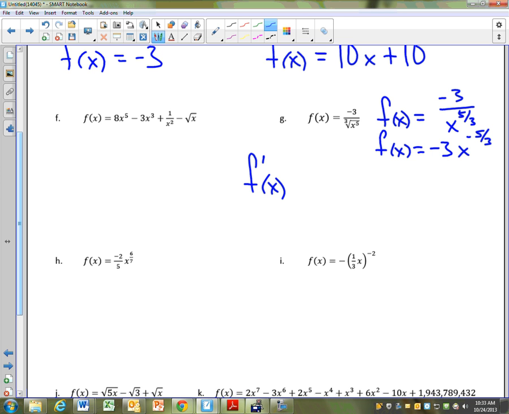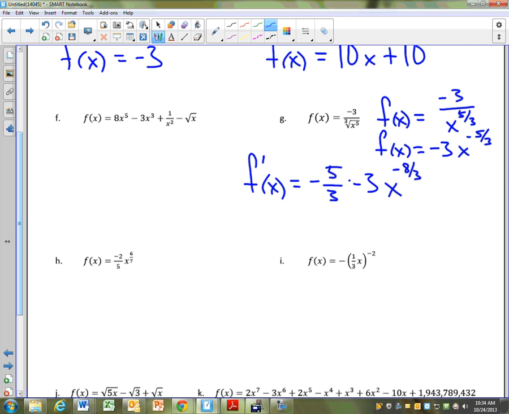What do I do with that exponent? So don't be afraid to write it all out, people. Don't be afraid to just write it all out. Make sure you get it correct. Times negative 3 x to the, we're going to subtract 3/3, so that's negative 8/3.